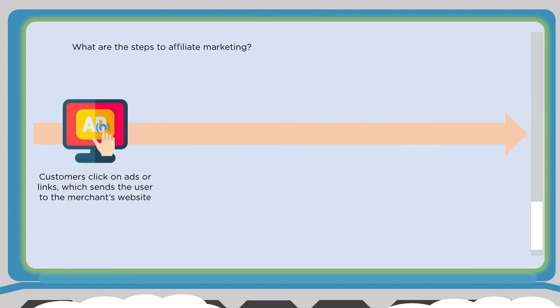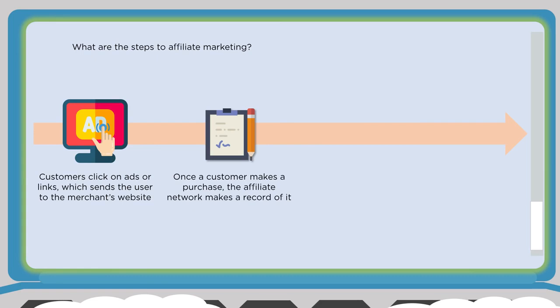So it's simple. Customer clicks on an ad or link on that affiliate website, and they go to your website and they perform an action. So that could be a purchase, a registration, a subscription, a download, an email sign up. You determine that. And the great thing is these affiliate networks, the CJs, Commission Junctions of the world, will record everything.